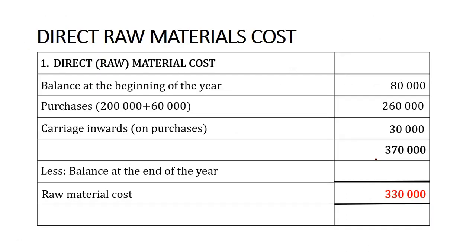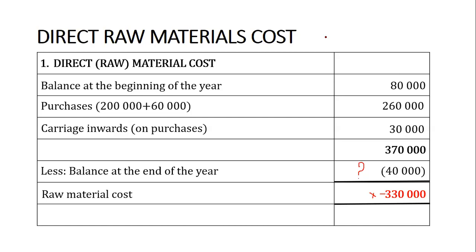Question is, how do I get this balance at the end of the year? I will do reverse operations. You will simply take the 730 minus 330, which will give us 40,000. We good?